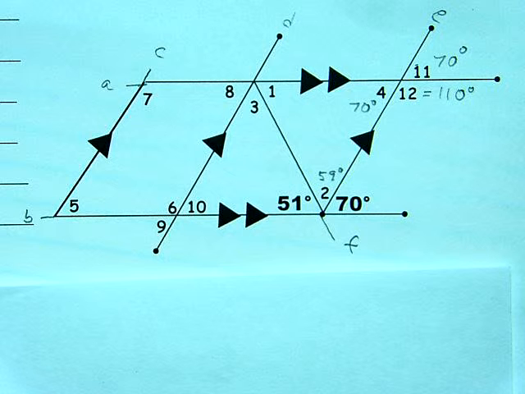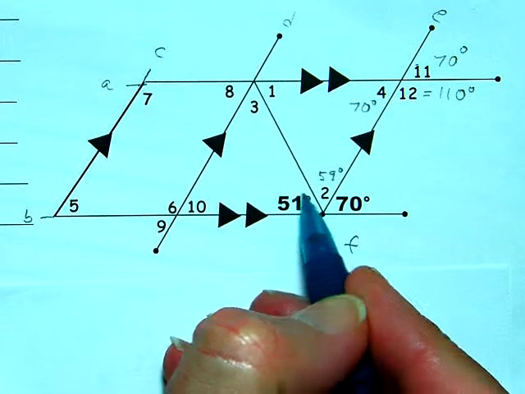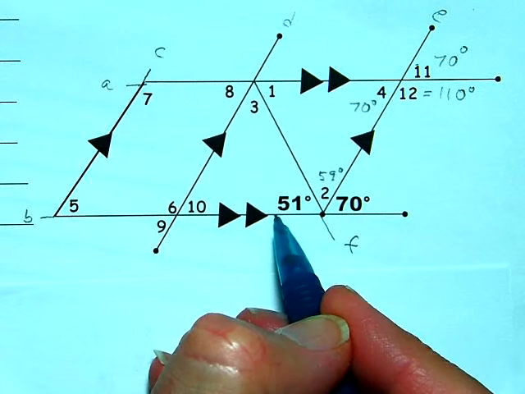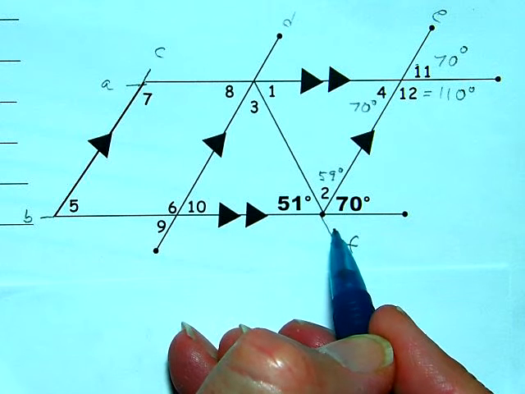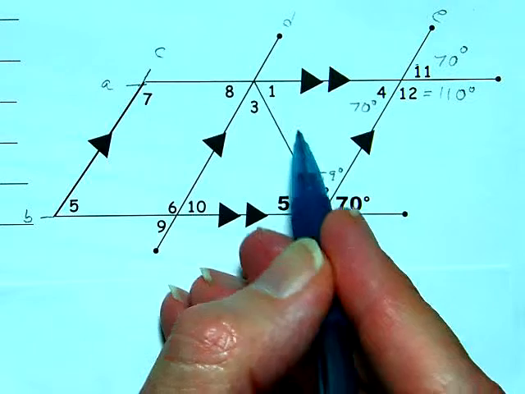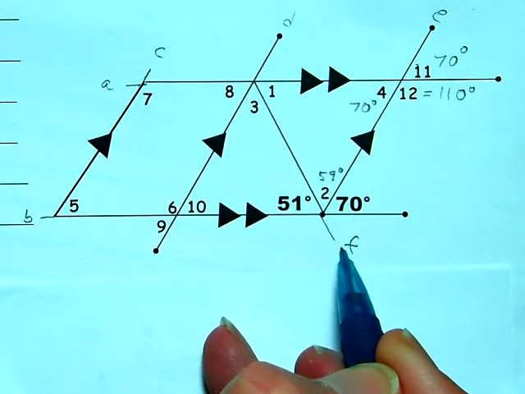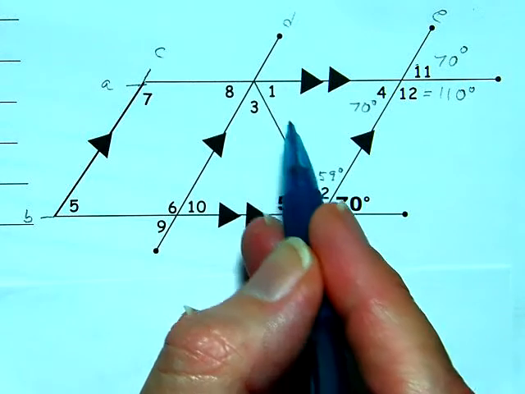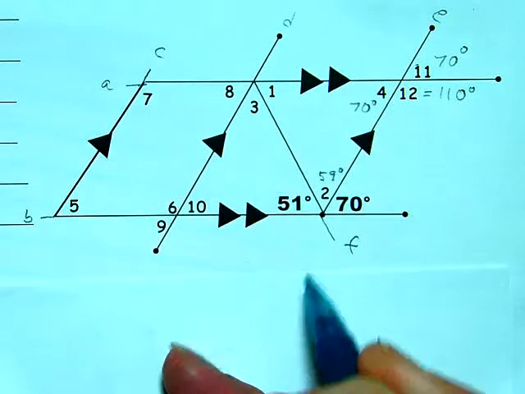Well, now we have to think a bit. What are some other measures that we can come up with? Are there any alternate interior relationships with angle 51? Well, angle 51 is created by a transversal F crossing parallel lines A and B. Is there another angle created by lines A and F?